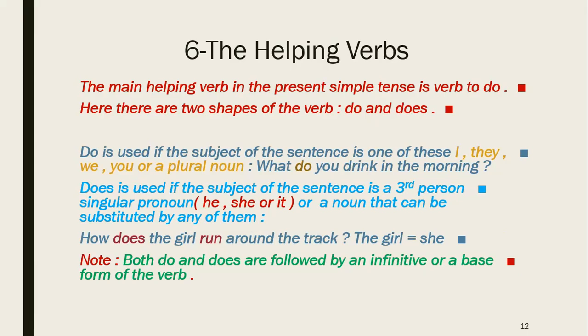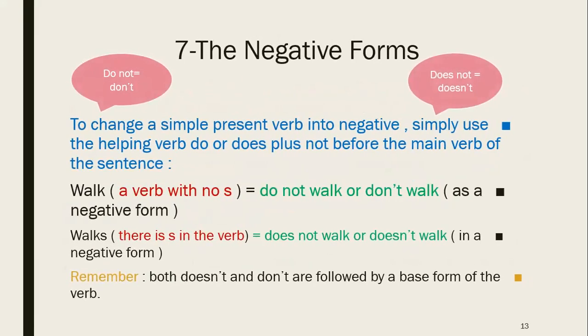If the noun is plural, we'd say how do the girls run around the track. In all cases, whether do or does, there must be an infinitive form after the verb. Move to the next slide.